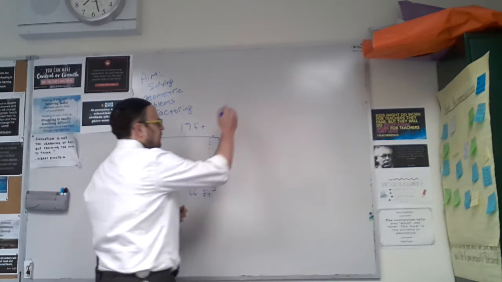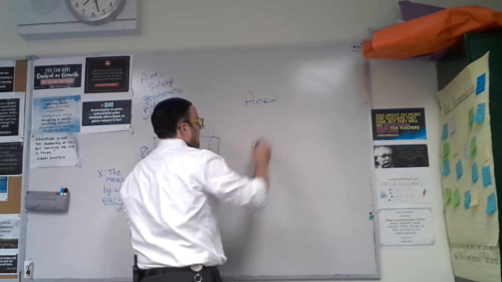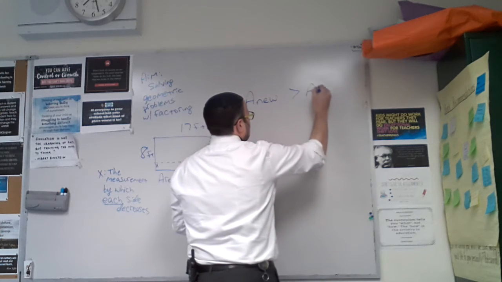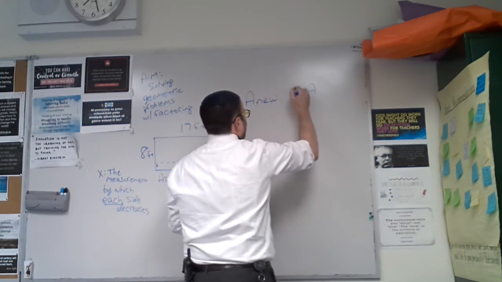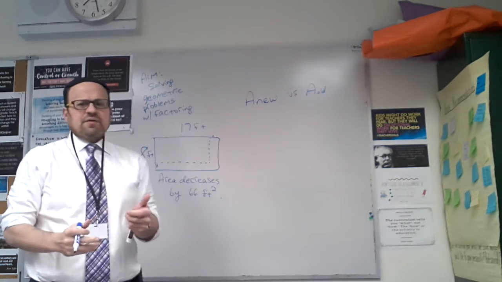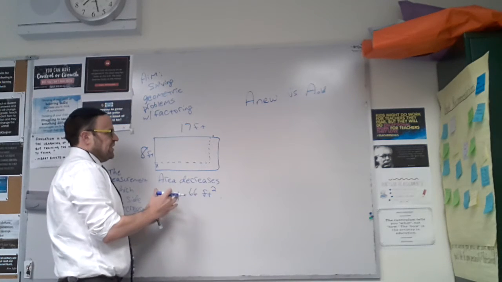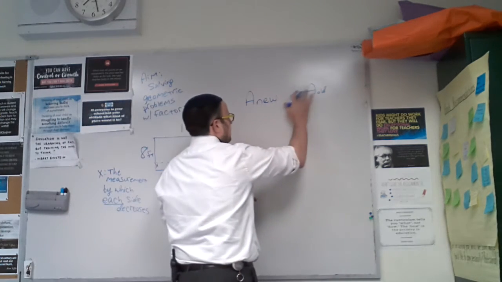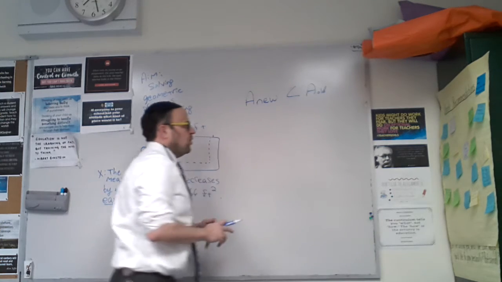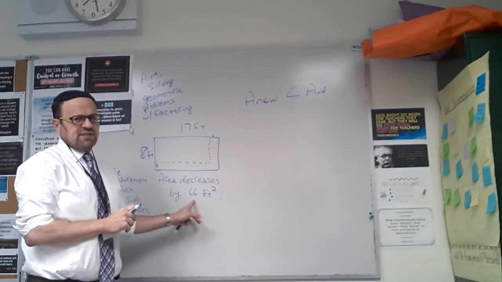Just like we've done before, I want to say area new versus area old. Well, which is bigger? My new area or my old area? Well, if the area decreases, that means the old area was bigger. By how much? 66 square feet.